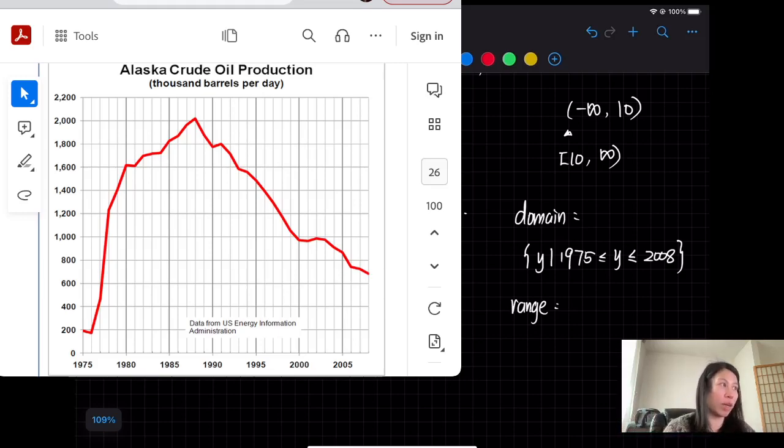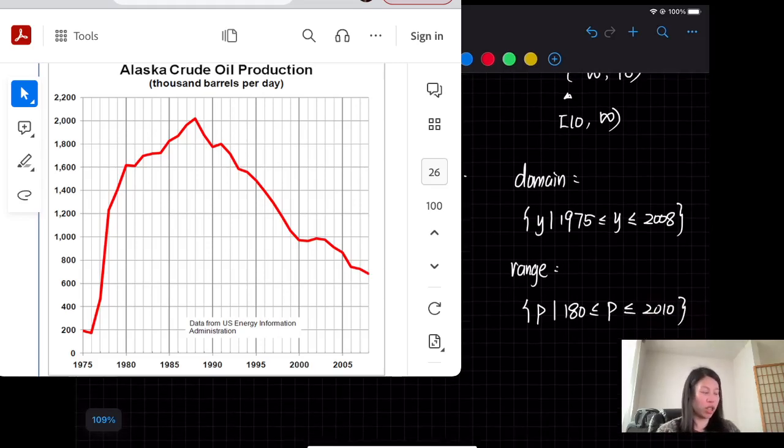I can say, okay, probably starting from 180. So let's use P, which stands for the production, would be from 180 less than or equal to the production, which goes up to what? A little bit above 2000. So I can say 2010. So here is going to be our range and the domain.